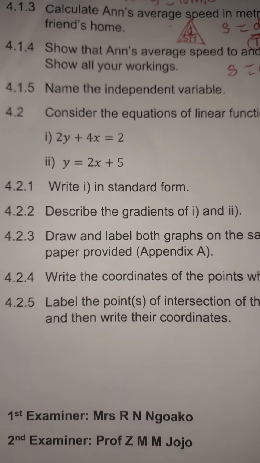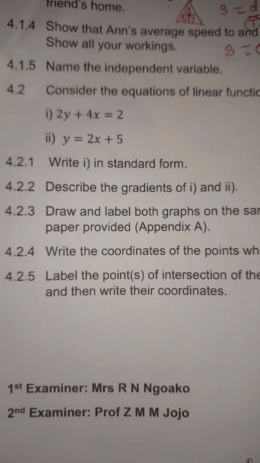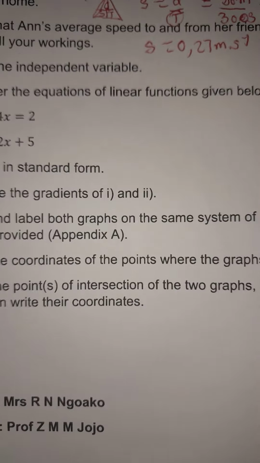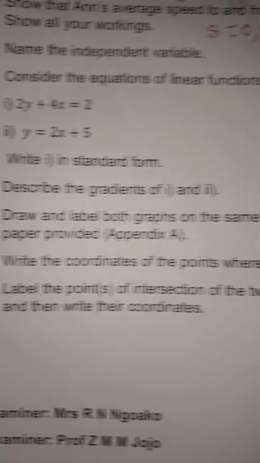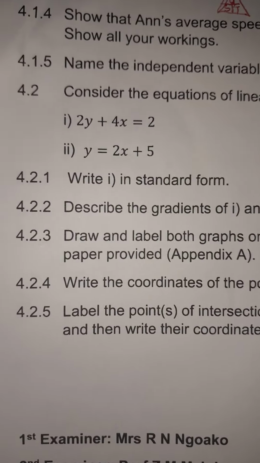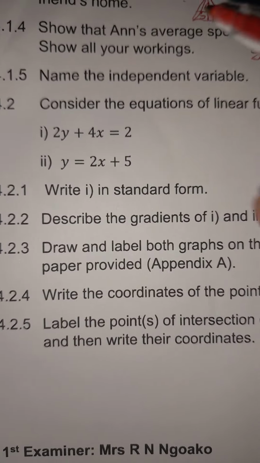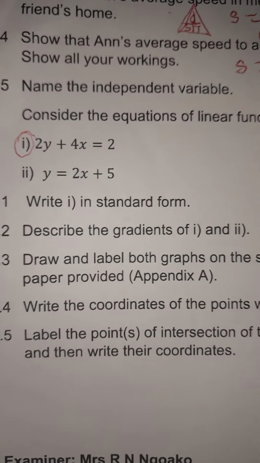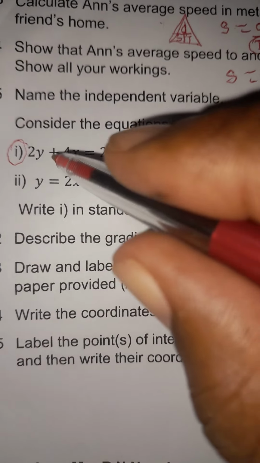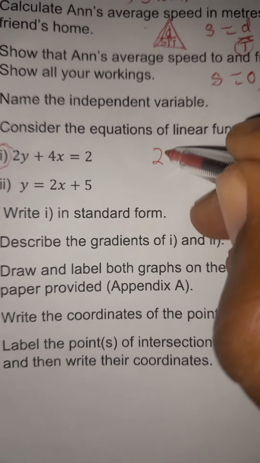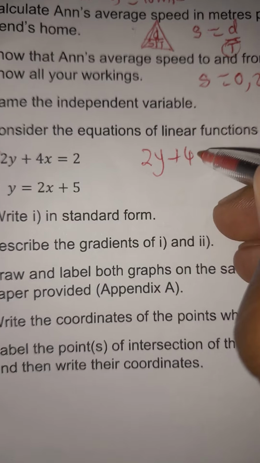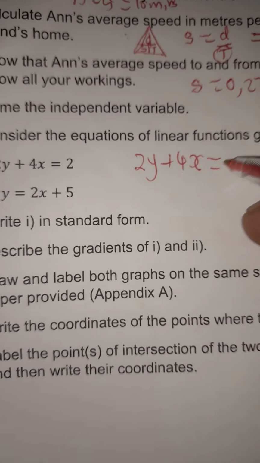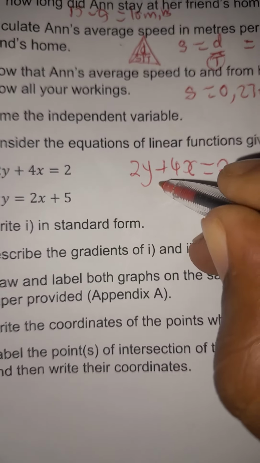Then we are going to work with 4.2. Consider the equations of linear functions given below. At 4.2.1, we need to write figure 1 in standard form, so we make y the subject. We have 2y plus 4x equals 2.